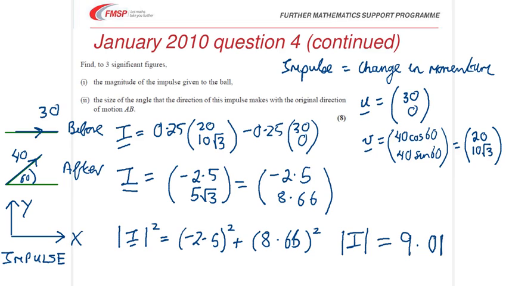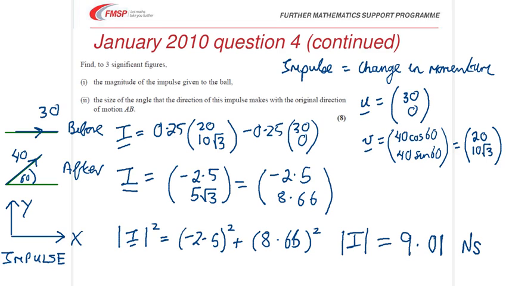That will be in Newton seconds, which is the unit of impulse, or equivalently, if you think of the units of momentum, kilograms meters per second, but the usual units of impulse are Newton seconds, from the idea of impulse equals force times time.